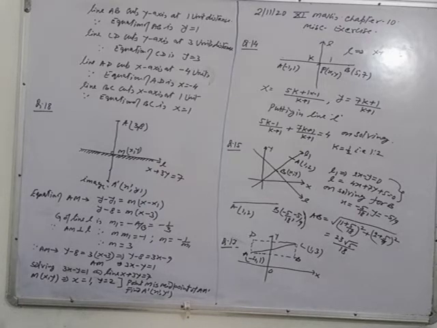Now there is a point whose coordinates are (3, 8), you can take as A. You have to find the image of point A. Point A you can take as the object. So find the image of this point A with respect to the given line x plus 3y is equal to 7.